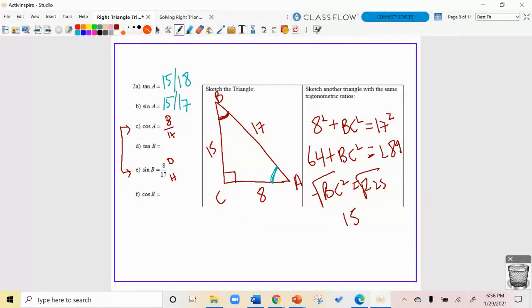Adjacent over hypotenuse, 8 over 17. I got it right, yay. Now we're going to change our perspective. Let's go up here. Tangent of B, 8 over 15. It's the reciprocal of the tangent of A. We already have the sine of B. The cosine of B, adjacent over hypotenuse, is 15 over 17. It is the same as the sine of A.